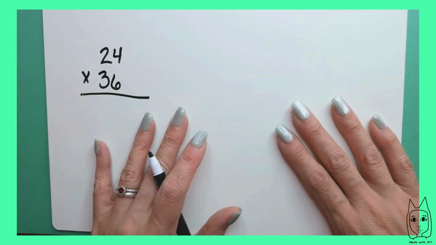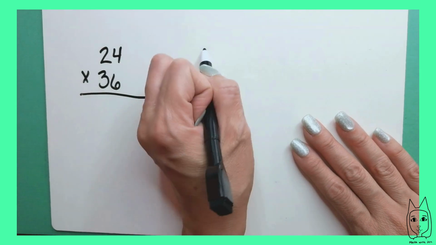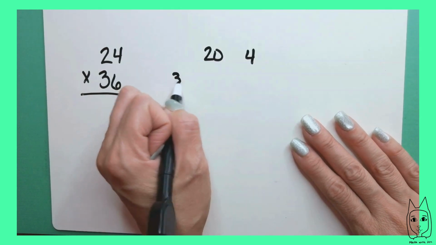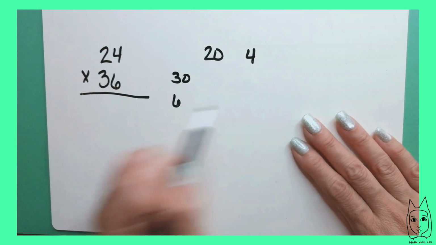Another way that you can multiply 2 digits by 2 digits is to create an array. An array is very similar to an area model. You're going to break it up into columns, so this would be 30 and 6, and you're going to break it up into rows.